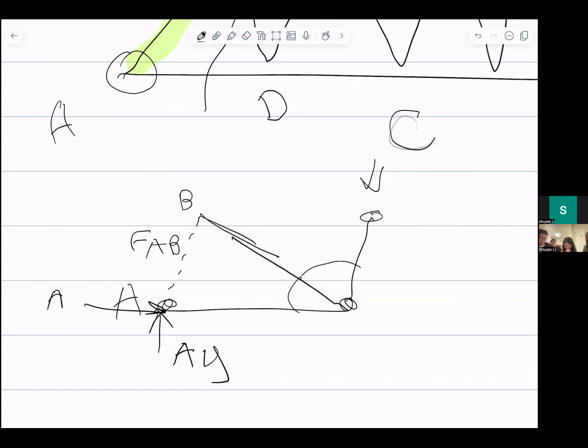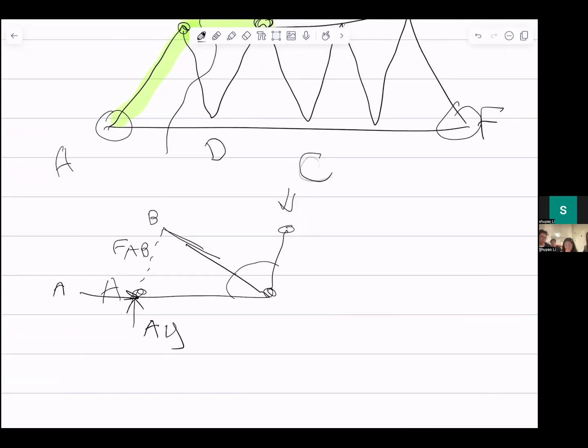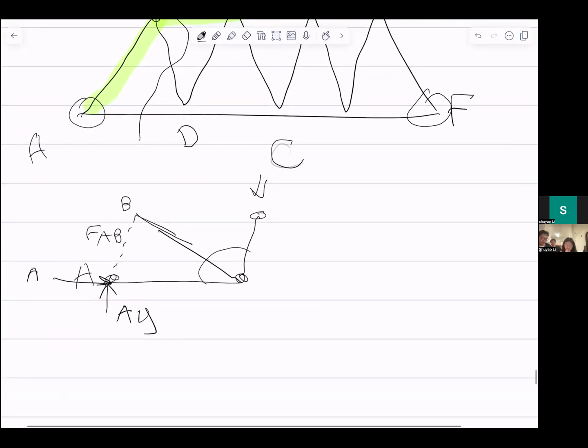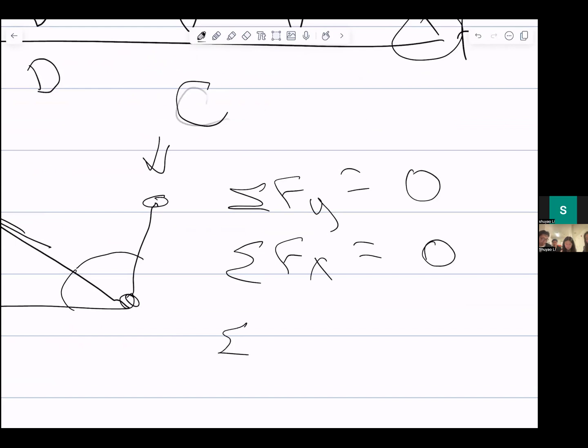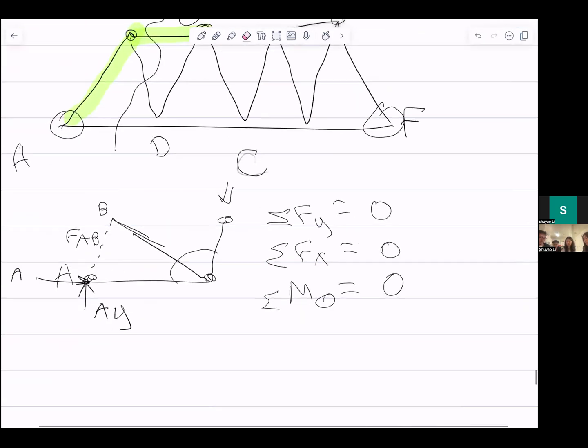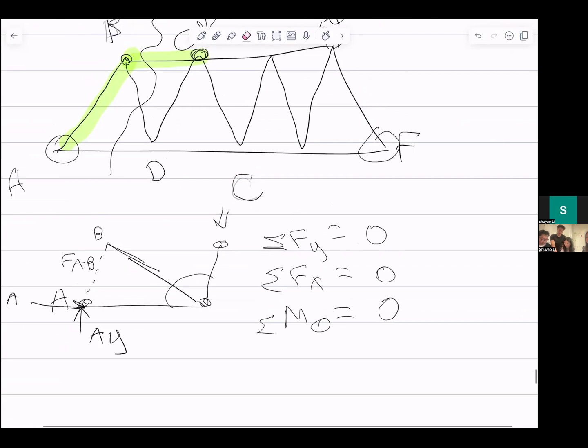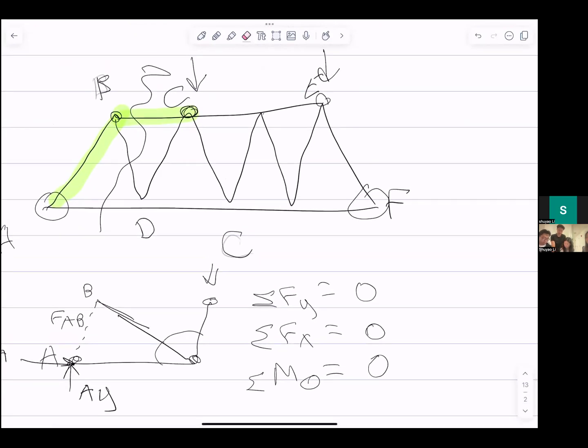So we can just do straight multiplication. We don't have to consider cosine or sine. And you would just set up, depending on what you need, force and moment equilibrium based on a point that you want. Are there any questions?